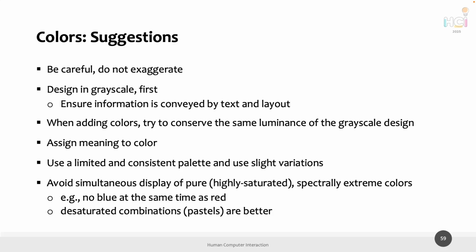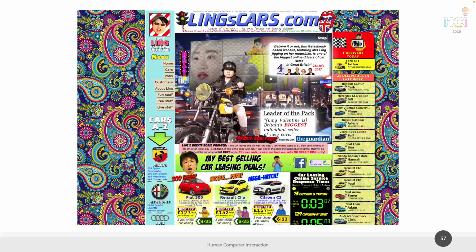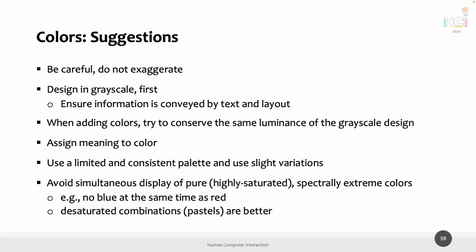We will see this concept of palette. So a restricted number of colors, not like in this example, with slight variations. So today we'll also see some tools to create palettes of colors that can be used for our interfaces.